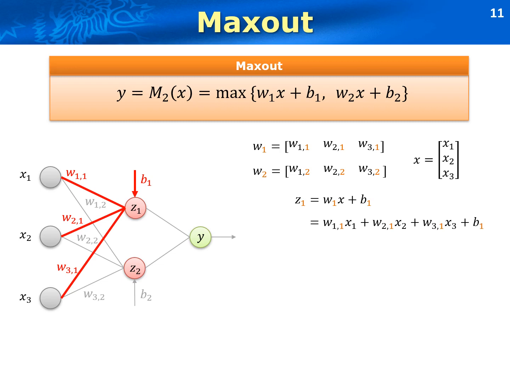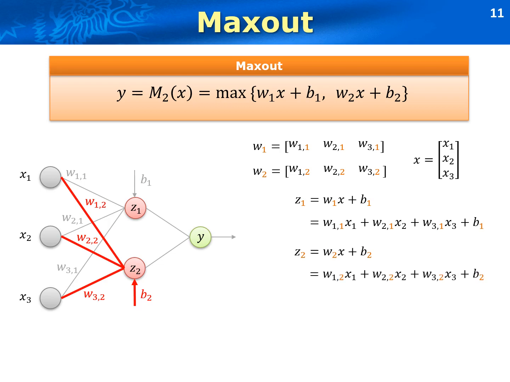We next compute z2 in a similar way, which corresponds to this part of the maxout. We can get the following result. Finally, in the last layer, we compute the output y, which is the maximal value of z1 and z2. This is exactly the result returned by maxout.